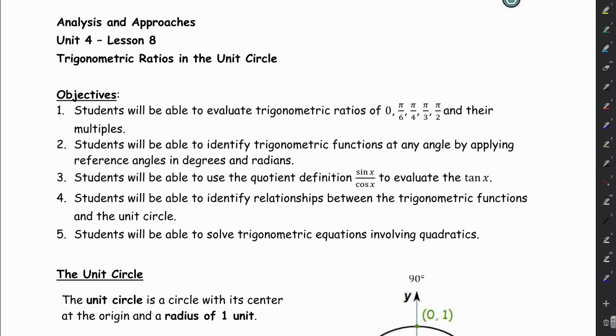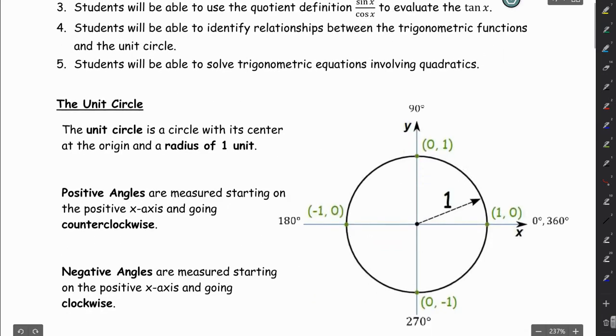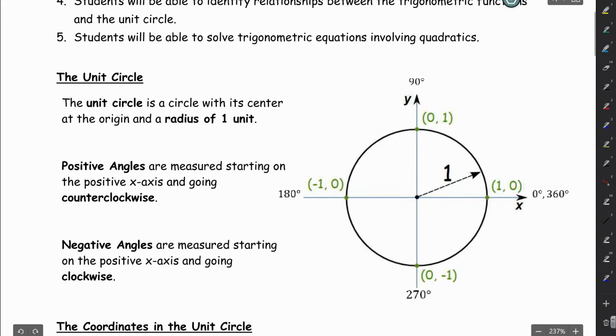All right, so if you look at my notes here, we have the basic unit circle. The unit circle is a circle with its center at the origin, and we have a radius of 1 unit. Positive angles are measured starting on the positive x-axis and going counterclockwise.